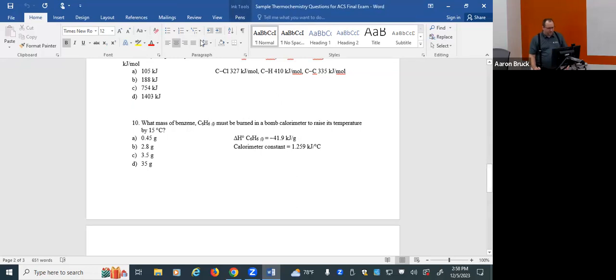So what we have to remember, this is a bomb calorimeter. We didn't do a whole lot of calculating with bomb calorimeters because we don't have access to use them very often. But what we understand is that the heat from a bomb calorimeter is equal to the calorimetry constant times the change in temperature.